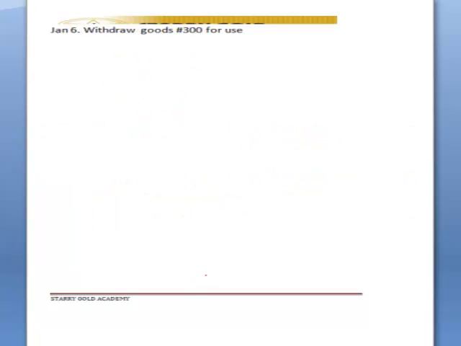So the next one is on the 6th. Withdrew goods for use. Now the drawings of the proprietor, the owner of the business, can be in form of cash and in form of goods.